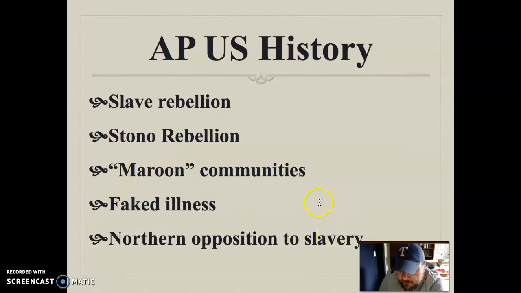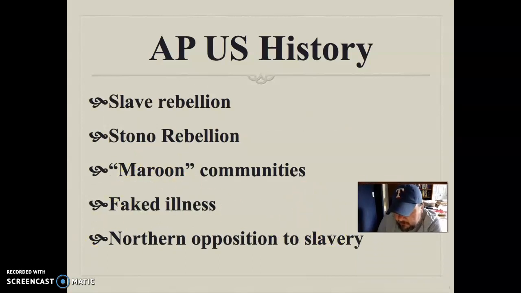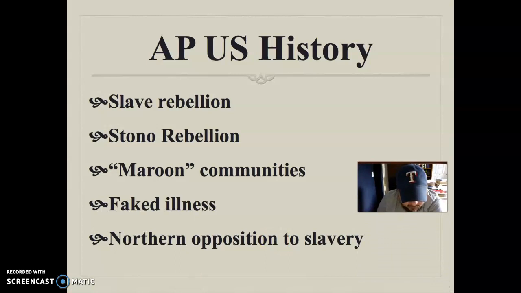Now, last thing we are going to talk about is slave rebellions. Now, there's the obvious ways that slaves rebelled, and that's what we talked about with the French. There's an uprising where slaves get together and decide they've had enough and fight for their freedom.